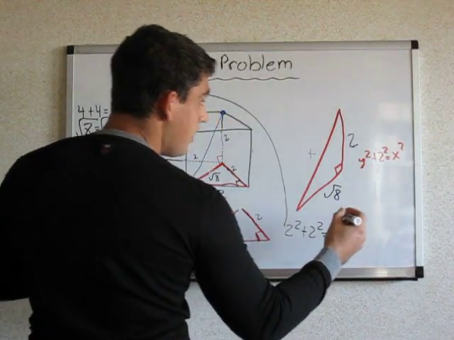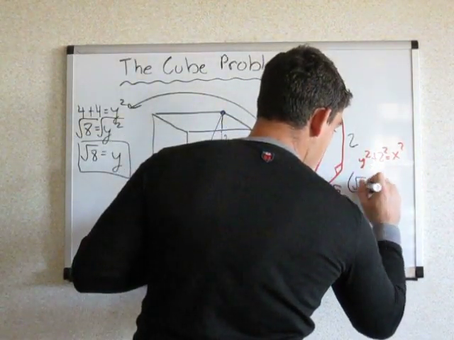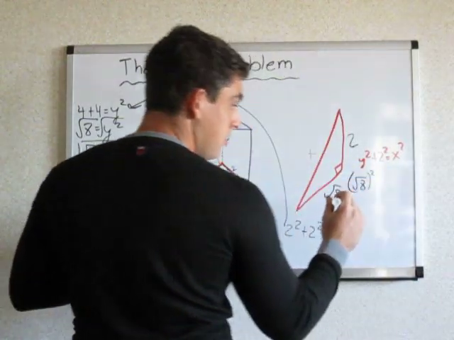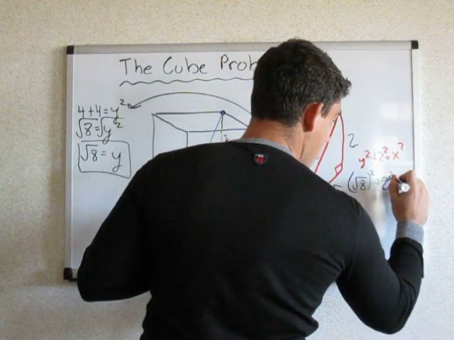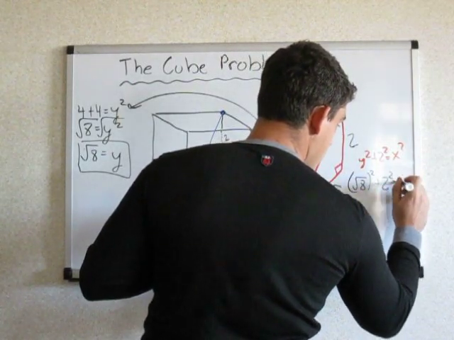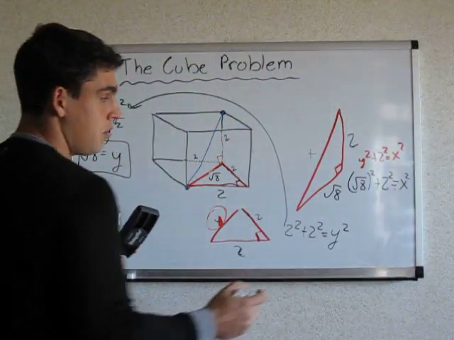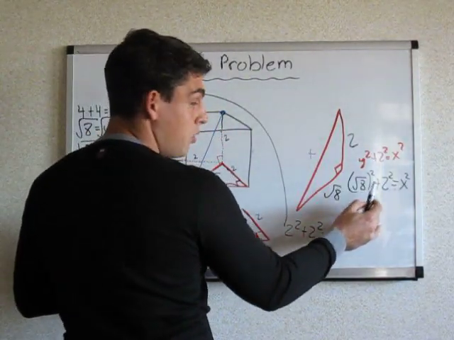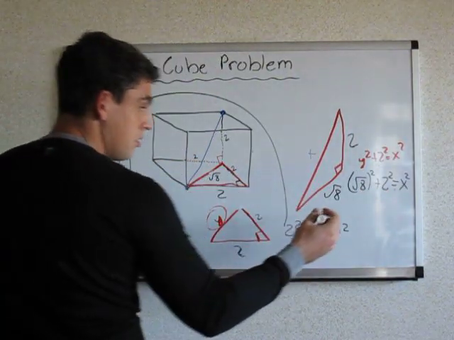So what we're left with is square root of 8 squared plus 2 squared equals x squared. Whenever we have a square root and we're squaring it, the square root simply disappears.